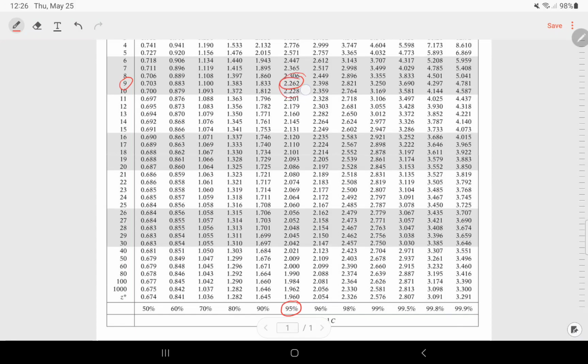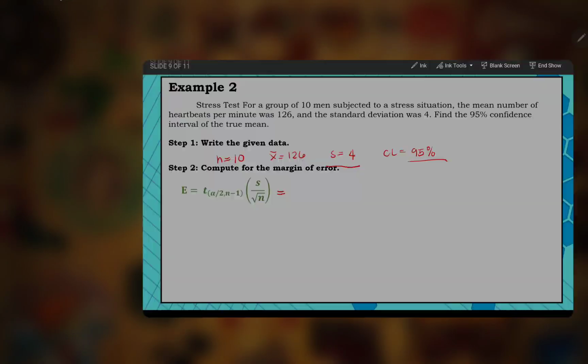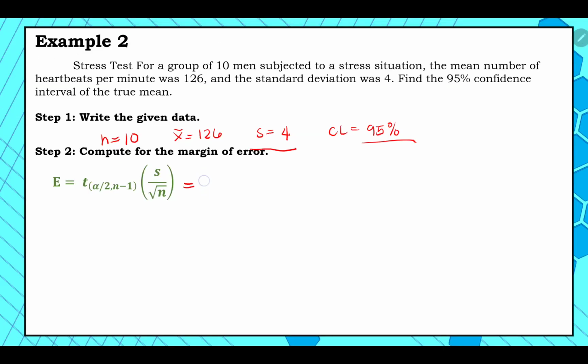That's still 2.262. And multiply to the sample standard deviation, which is 4 over the square root of the sample size 10. And we obtained a margin of error of 2.86. So our margin of error is somewhat large.